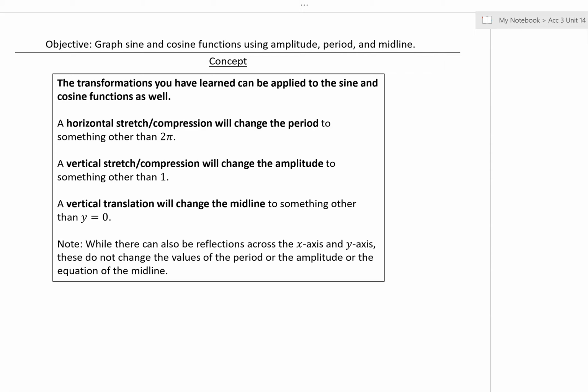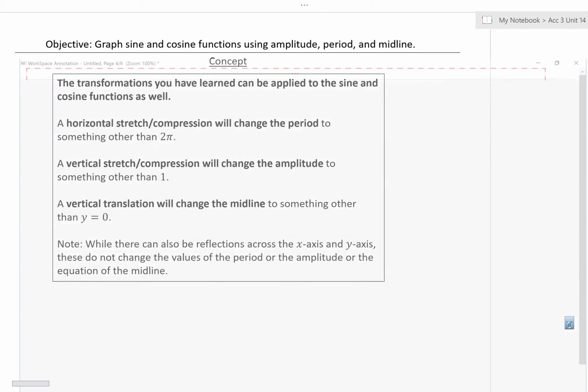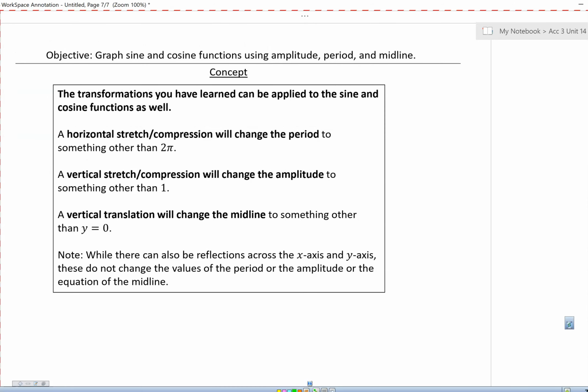So we want to talk a little bit first about how amplitude, period, and midline connect to our learning of transformations that we have used with other functions. When the period changes to something other than 2 pi, that represents a horizontal stretch or a horizontal compression.